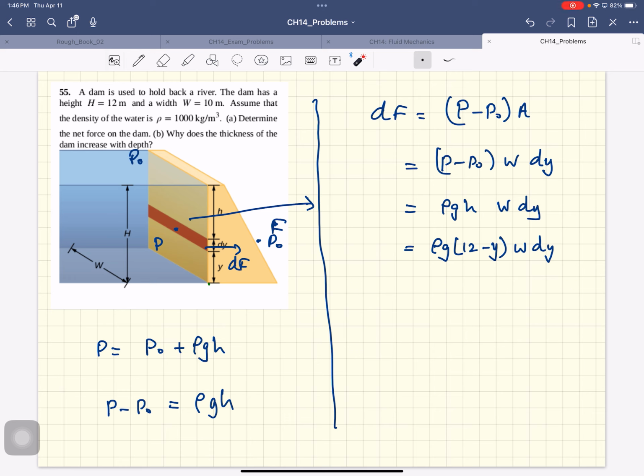And the net force is just the sum of all those little forces. The force on this slab plus the force on that slab plus the force on that slab. And of course, you guys are professional mathematicians, and so the summation of dF is the integral. Rho g, 12 minus y, W dy. And what are the limits of the integral? You're integrating over y. y is changing from 0 to 12 meters.